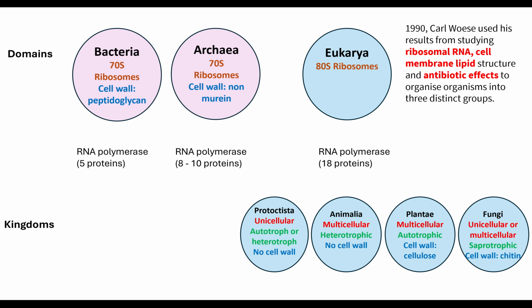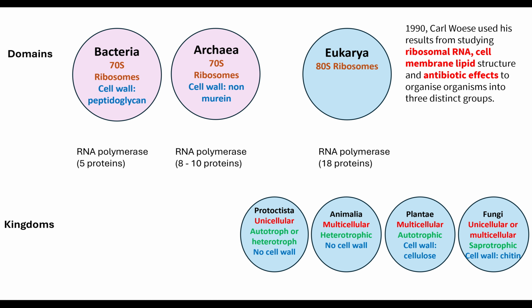So therefore, that is a distinguishing feature as to whether it is a bacteria, true bacteria, or whether it is what's known as an archaean bacteria. And that is one of the more extremophiles in which they can withstand extreme conditions. So they have a different type of cell wall made up of non-murein, and their RNA polymerase is actually made up of 8 to 10 proteins.